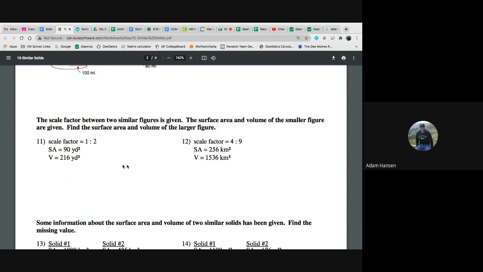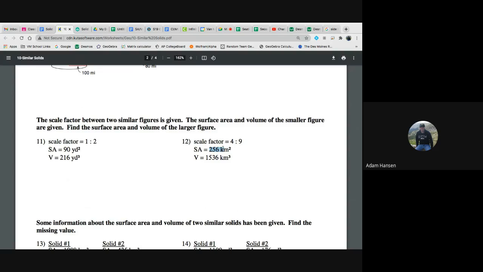So the surface area starts off with 256. I don't know the surface area of the larger figure. But I know it's in a ratio of 16 to 81, isn't it? Here's my scale factor for the surface areas. 16 to 81 is 256 to x.